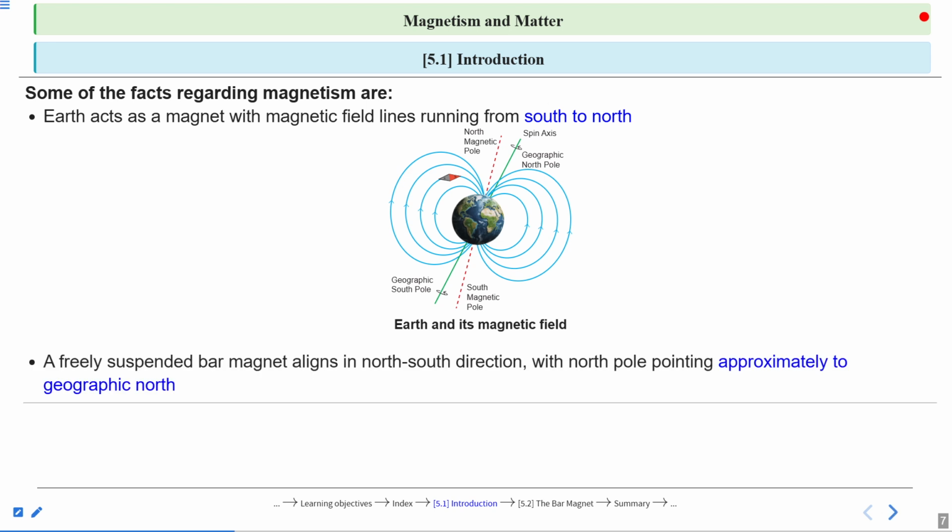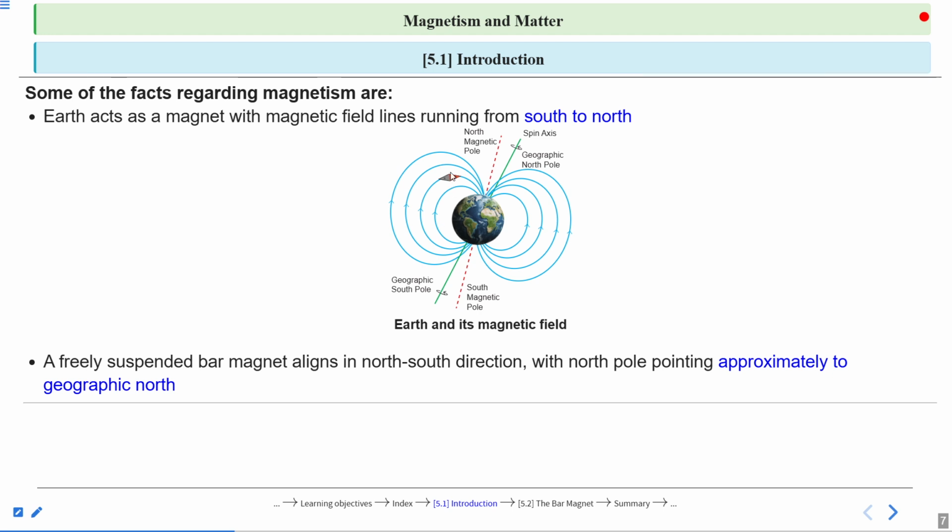A freely suspended bar magnet aligns in the north-south direction, with the north pole pointing approximately to the geographical north. You can see here a magnetic needle, or a freely suspended bar magnet. Any magnet will suspend itself in the north-south direction.